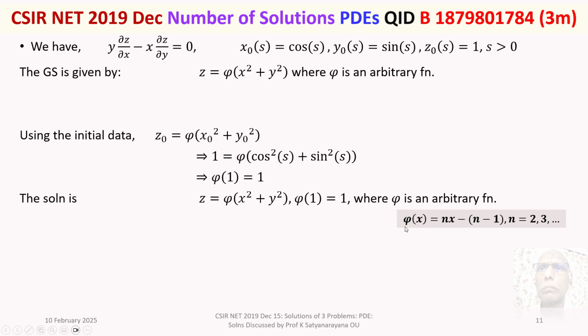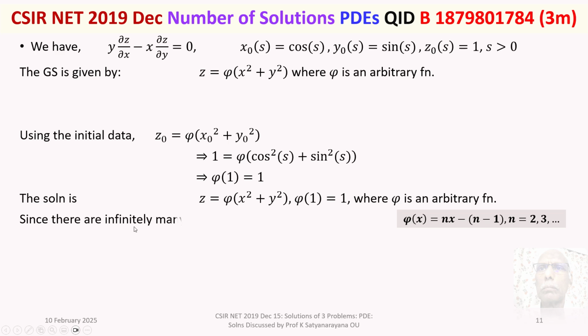For all these, substituting x = 1 gives φ(1) = 1. So how many such functions φ will there be? At least as many as there are n = 2, 3, and so on. There are infinitely many solutions satisfying φ(1) = 1.